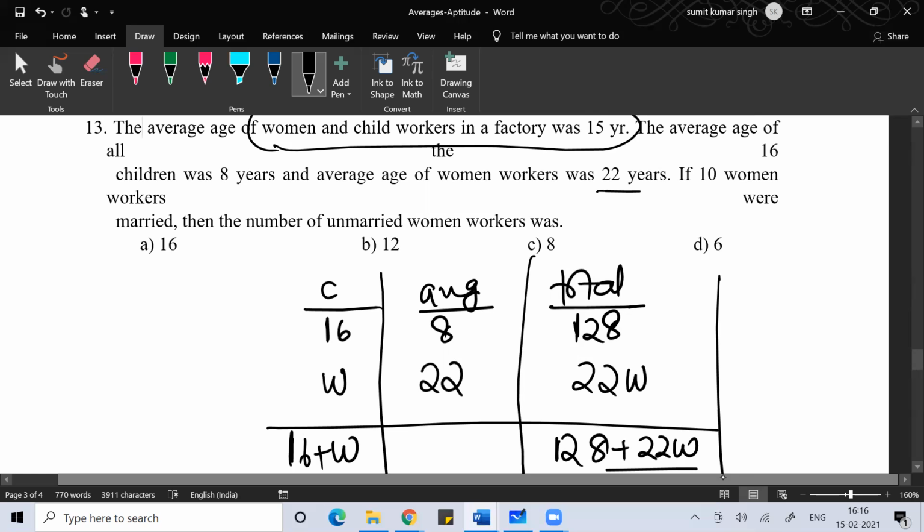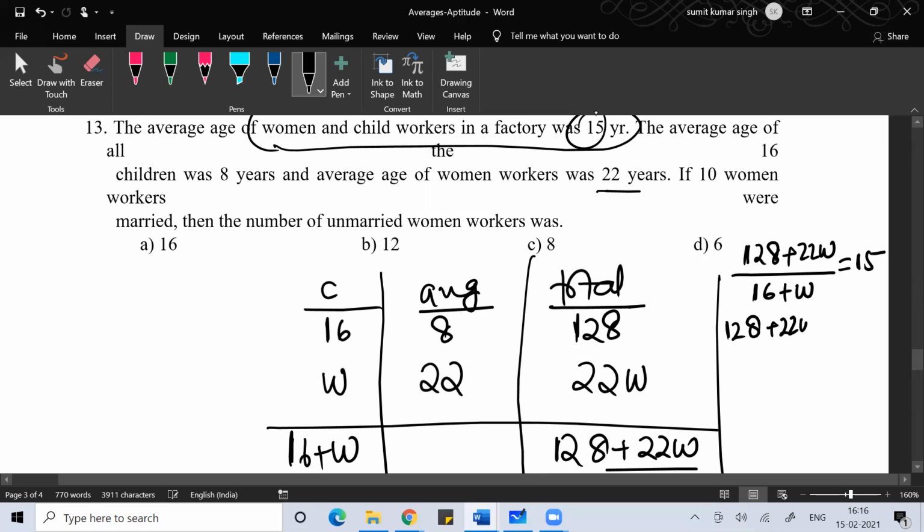The average is given as 15 years. So I can write 128 plus 22W divided by 16 plus W, the average is 15. So I can solve this. 128 plus 22W equals 15 into 16, which is 240, plus 15W. So 7W is equal to 240 minus 128, which is 112.